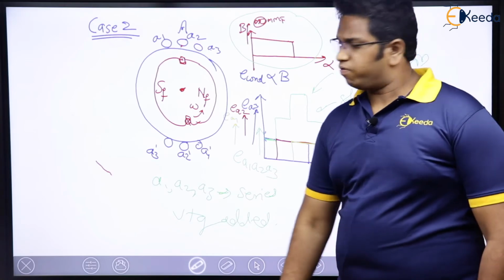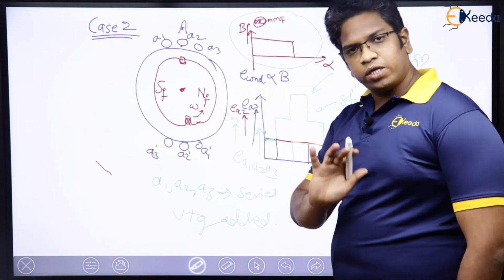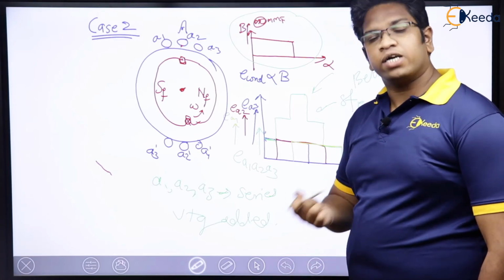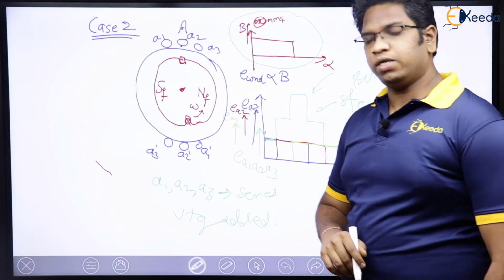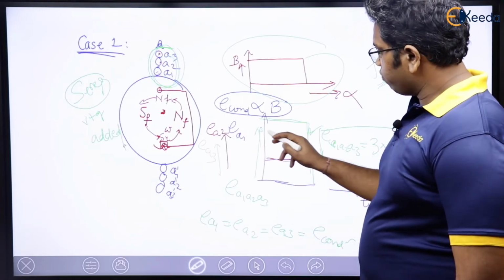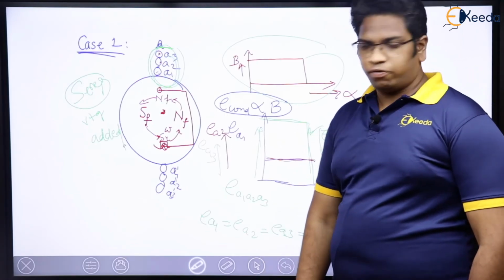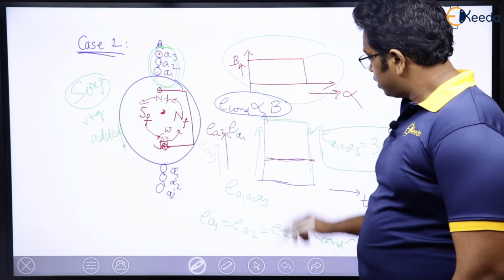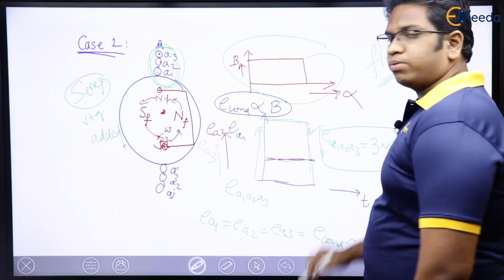So sir, we have understood the advantages of the distribution. Are there any negative points also? Yes. See here. If you think of the RMS value, what is going to happen? This RMS value will be nothing but 3 times E conductor only.